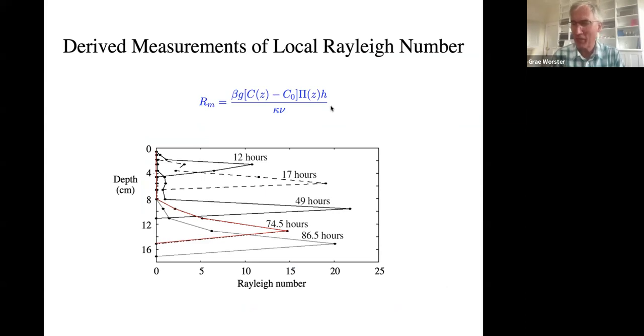So two things are happening while sea ice is growing. The first thing that's happening, which we saw very early on in the talk, is that the thickness H is increasing in time, which causes the Rayleigh number to increase. However, once convection starts, we remove brine from inside the sea ice.